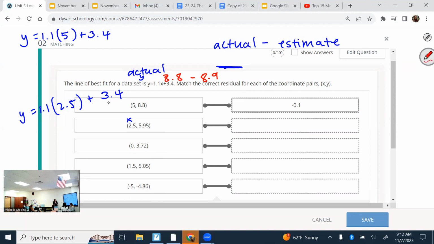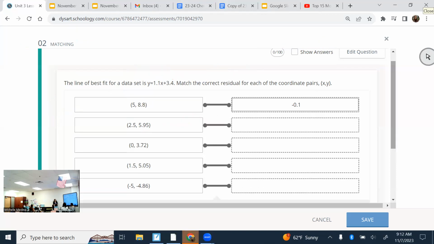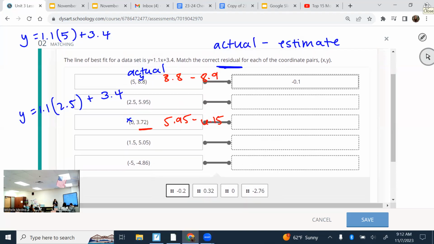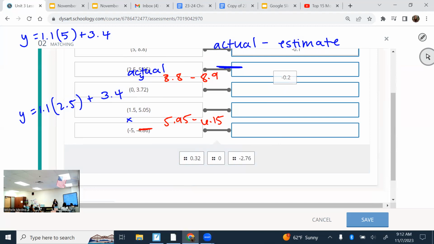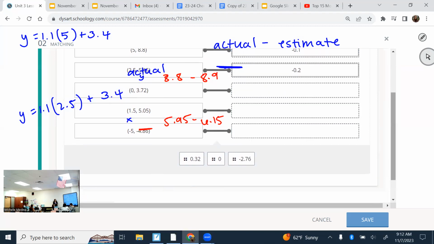So that's my estimated value. It needs to go actual, which is 5.95, minus my estimated. And that's negative 0.2. So that's how you're doing these. Does that make sense?